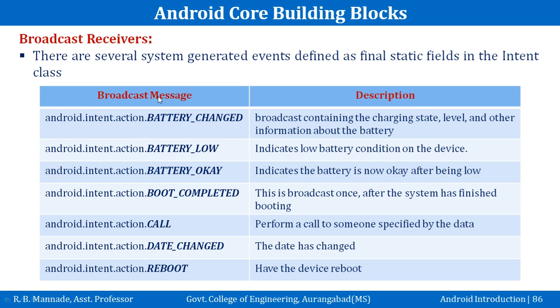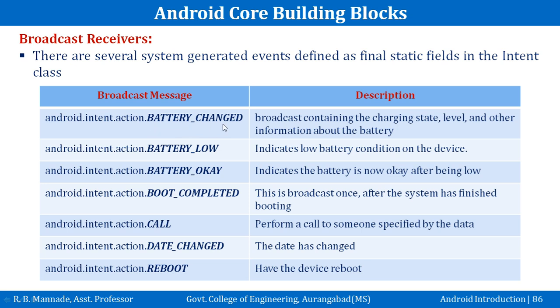Right, so the first broadcasted message is called BATTERY_CHANGED. Now here this android.intent.action part is common for all the broadcasted messages. Okay, so first is the message BATTERY_CHANGED, and it should always be in uppercase letters with the underscore symbol.